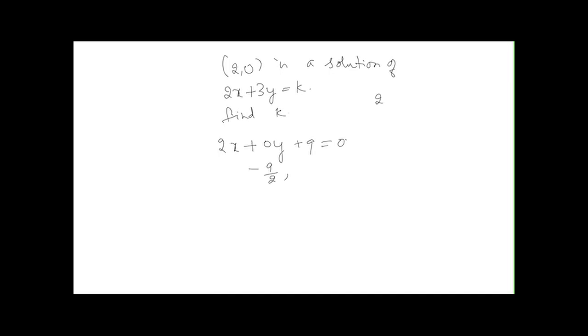So 2x equal to minus 9. X equal to minus 9 by 2. What is the value of y? We can take 1, 2, 0, anything, ma'am. Y is 0. There is no y. So minus 9 by 2 comma 0. Okay.